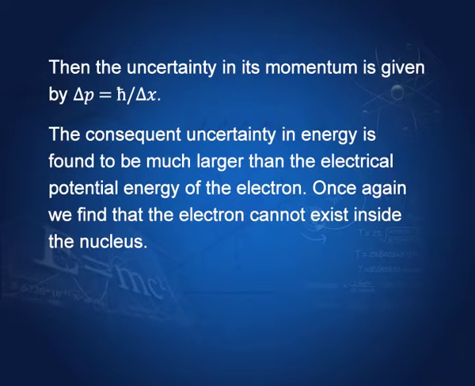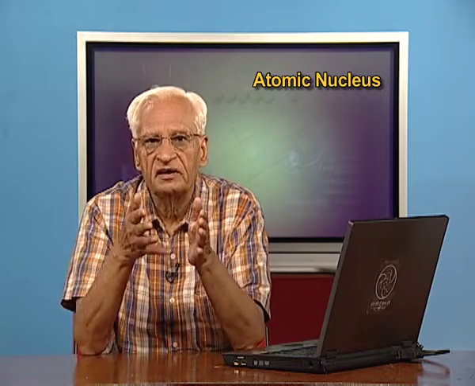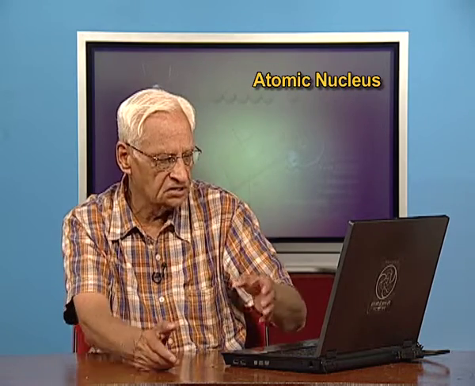That is, the uncertainty in the momentum is equal to h cross by delta x. Delta x is the uncertainty in the position of the particle, that is, delta x times delta p is equal to h cross. H cross, you remember, is h by 2 pi, where h is Planck's constant.